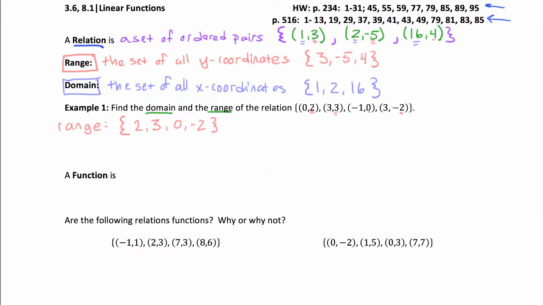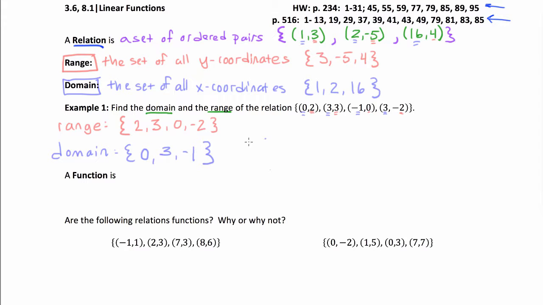Now for my domain, what I want to do is list everything that could possibly show up as an x-coordinate. So I have 0, 3, -1, and 3. So the things that can possibly show up here as x-coordinates are 0, 3, -1, and now 3 is already on that list. So I'm not going to put that in there.